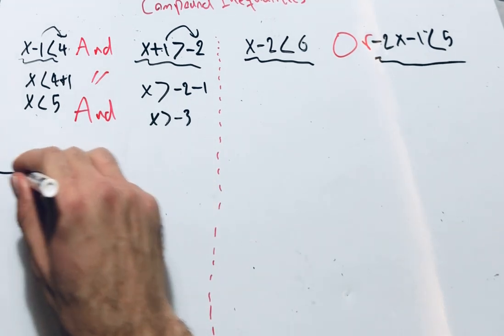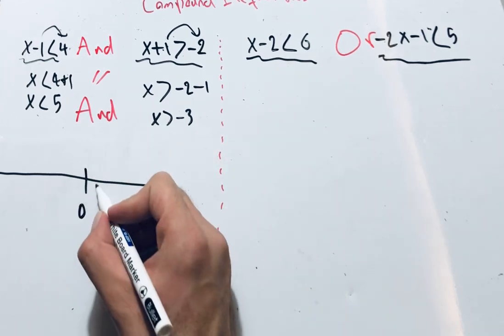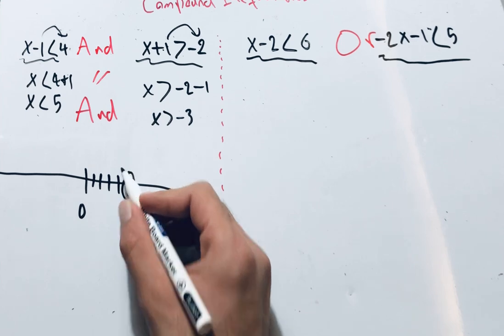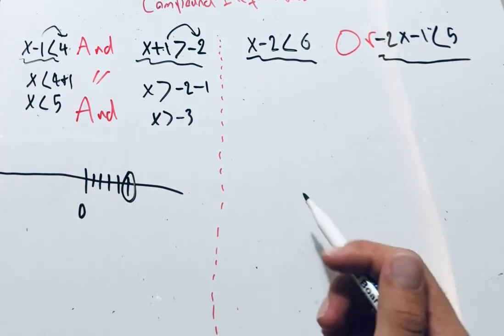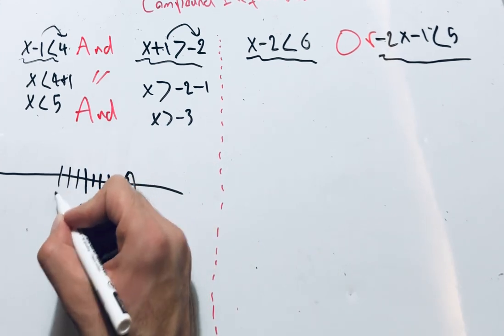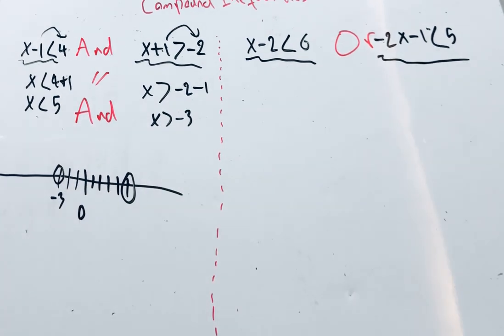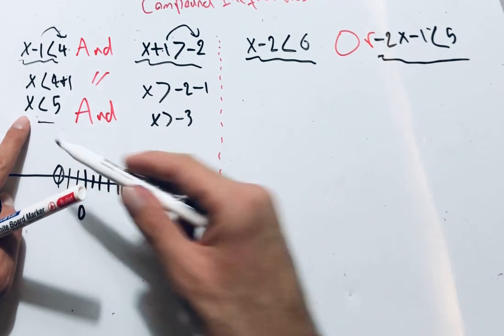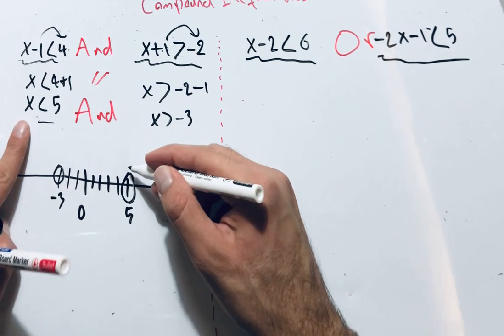If we go to the number line, we have 0, the numbers are 5, so 1, 2, 3, 4, 5, this is 5. We don't fill the circle because we don't have the equal sign. And then we have -3, so -1, -2, -3, and again we don't fill the circle. This one says the value is less than 5, so that means we go to the left side from the number 5.